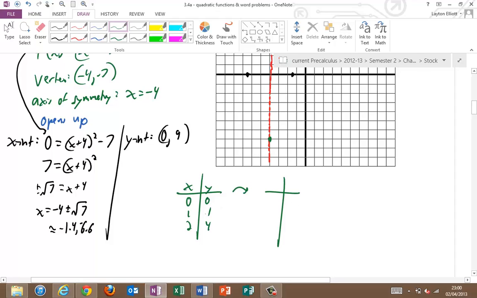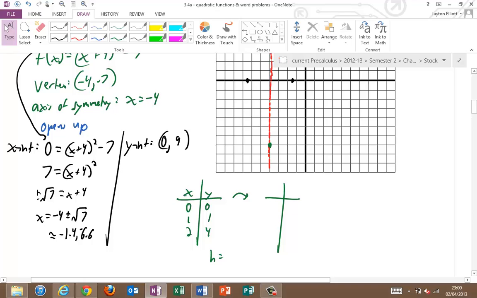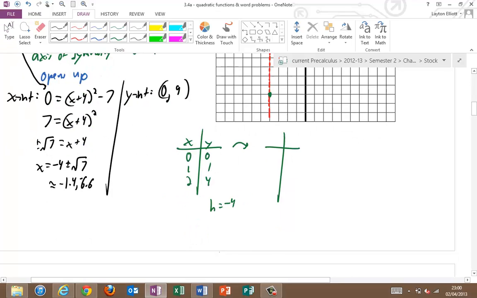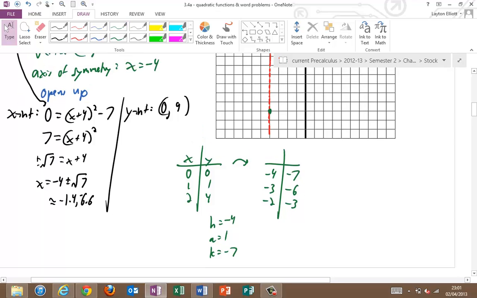becomes my h is equal to -4, a is 1, and k is -7. So I'm subtracting 4 from all my x's: -4, -3, -2, and I'm subtracting 7 from my y's: -7, -6, and -3.